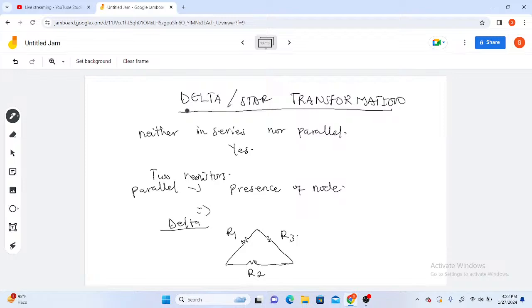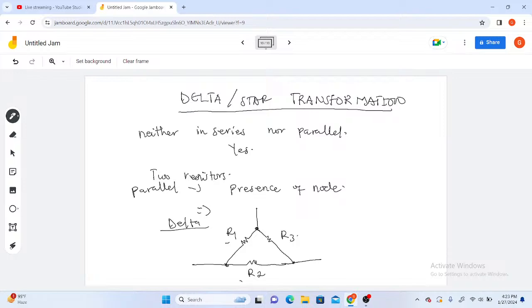I have this point here, this point here, and this joining a circuit. Upon seeing this, you realize that if you want to simplify these three resistors, the rule says you have to take only two at a time. So let's say we are taking R1 and R2. Are they in series or parallel?